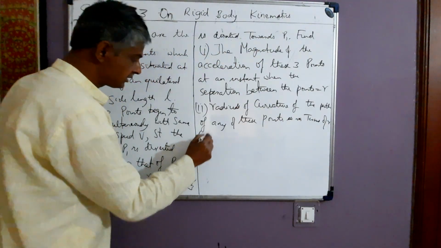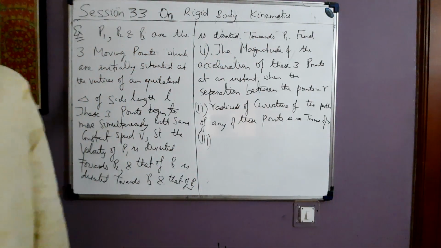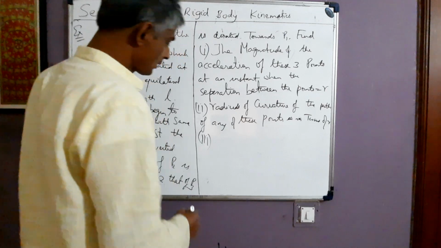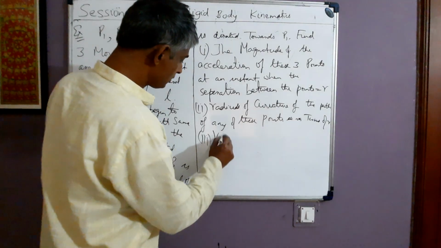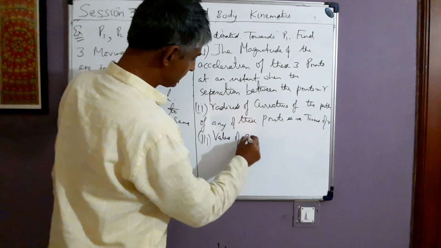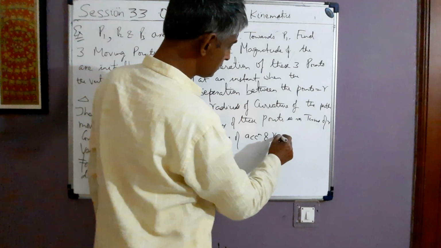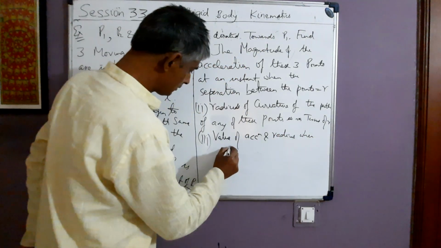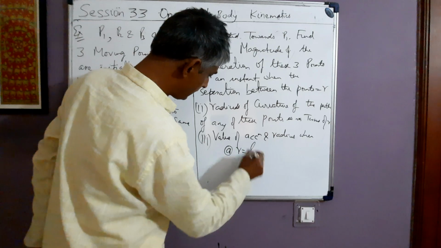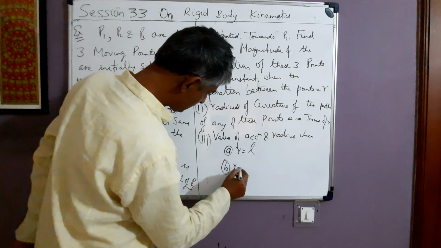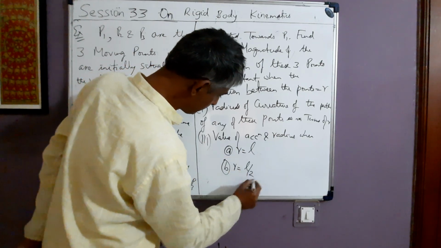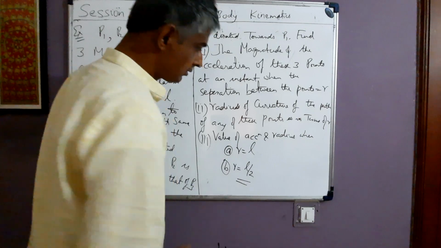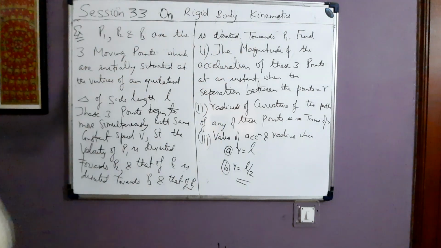And third, the value of acceleration and radius when, sub case A, r is equal to L, and B, r is equal to L by 2. This is the question.